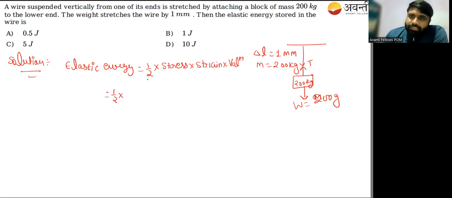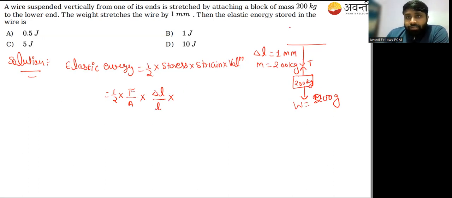Now we need to do some modification, because only the weight, which is the force acting on the wire, and the change in length of the wire are given. So stress we can write as force upon area. Strain we can write as change in length over original length.